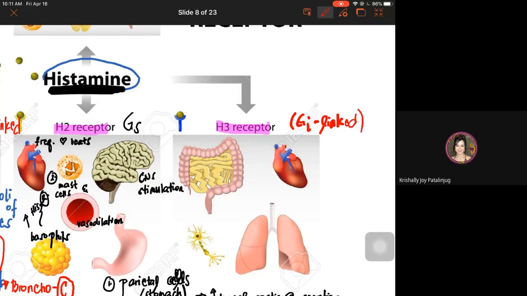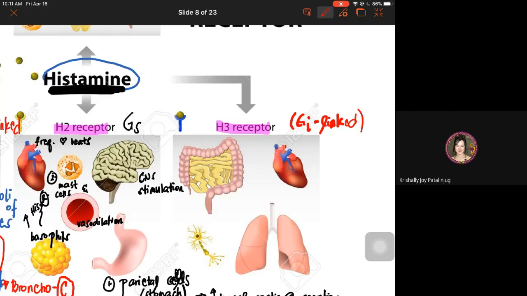Now recall that when a receptor is Gi-linked, it induces an inhibitory effect. Okay, it induces an inhibitory effect.